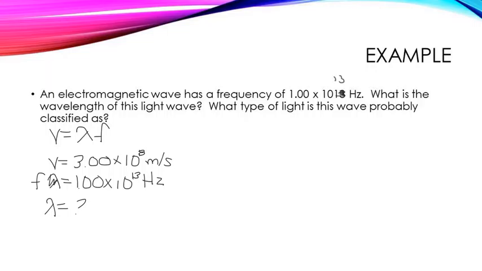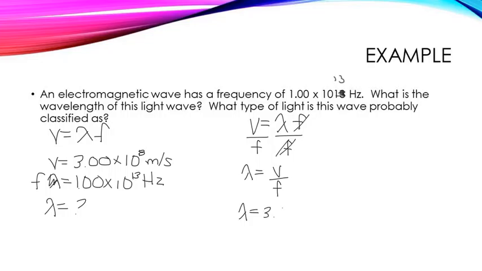So we can sub and solve, but we're not solving for V. So I would rather do the algebra right now and figure out the equation that we're actually going to use. So V equals lambda F. We have to divide by F on both sides to get rid of it. So then we end up with the equation lambda equals V divided by F. Now we can solve nice and easily.